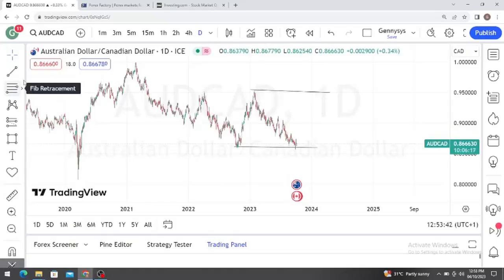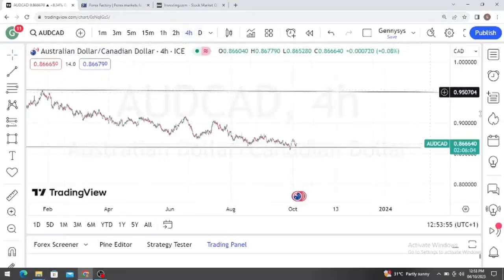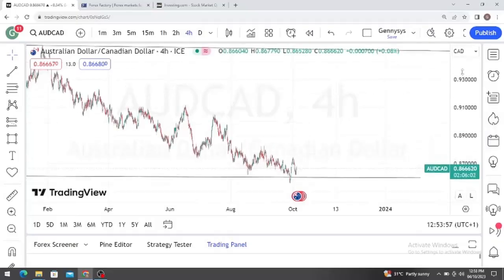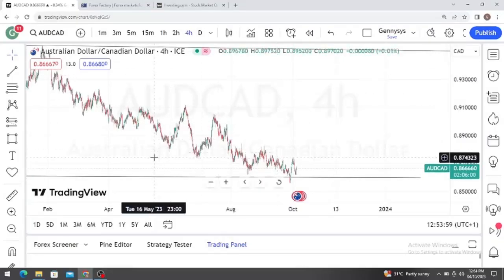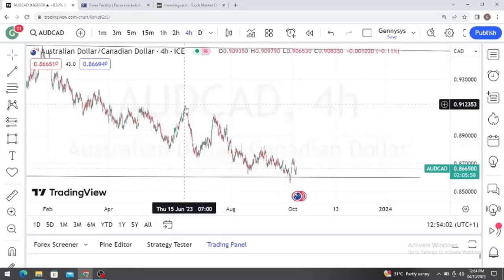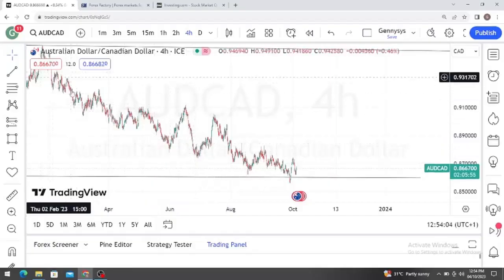I want to find out what we can take advantage of right now. I'll drop down to 4 hours and look at what the structure looks like. Okay, so still a downtrend.